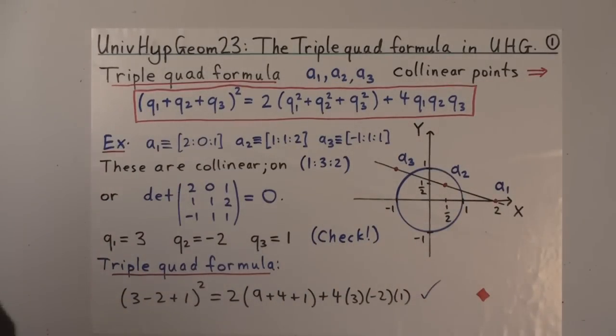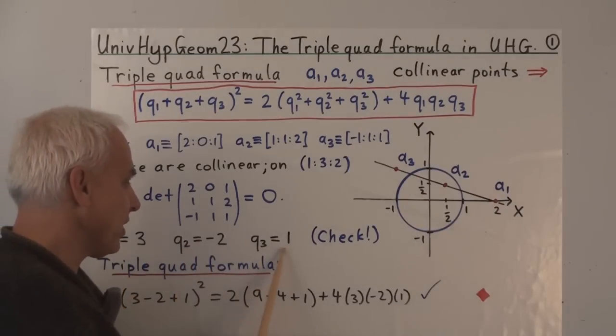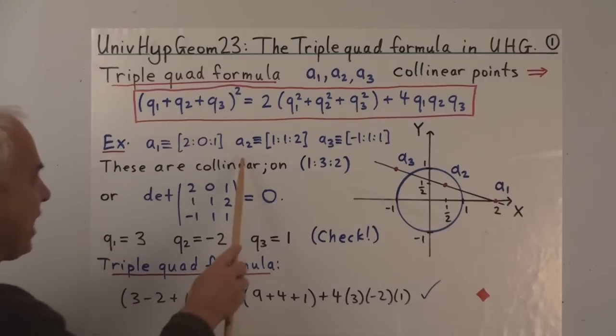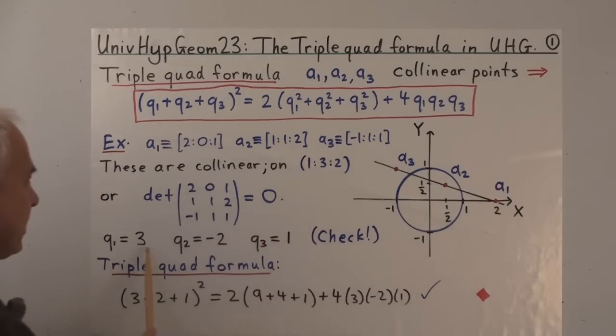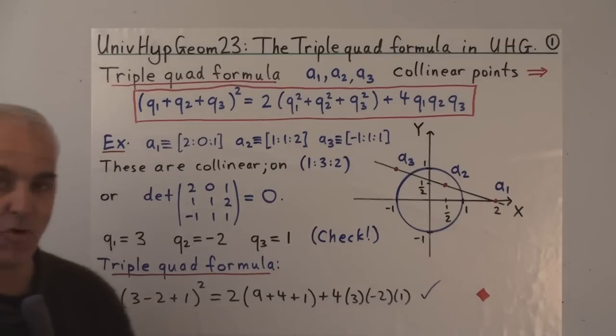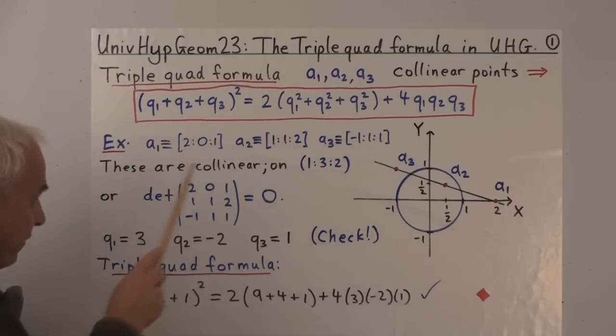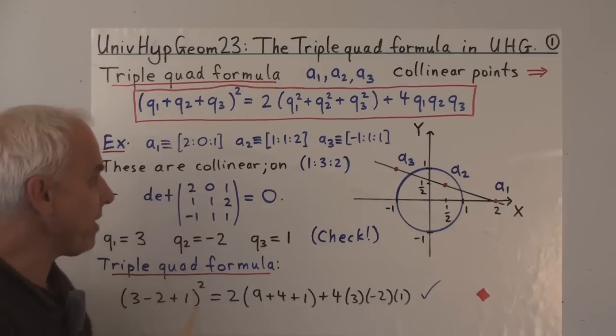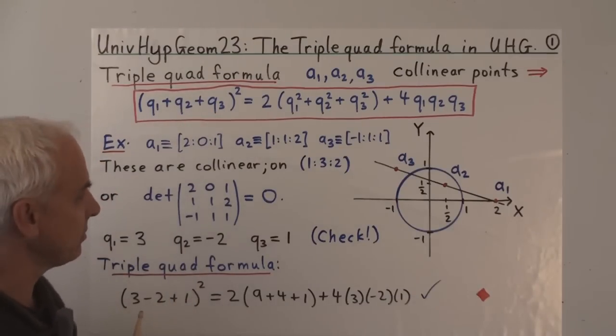Now let's calculate the quadrances between them. They are Q1 equals 3, Q2 equals minus 2, and Q3 equals 1. So this means that the quadrance between A2 and A3 is the number 3. Let's check that using the formula. What's our formula for the quadrance between these 2 points? It's 1 minus a certain fraction.